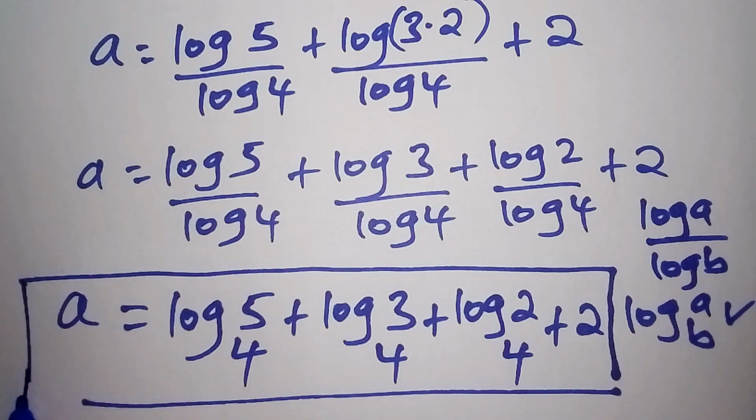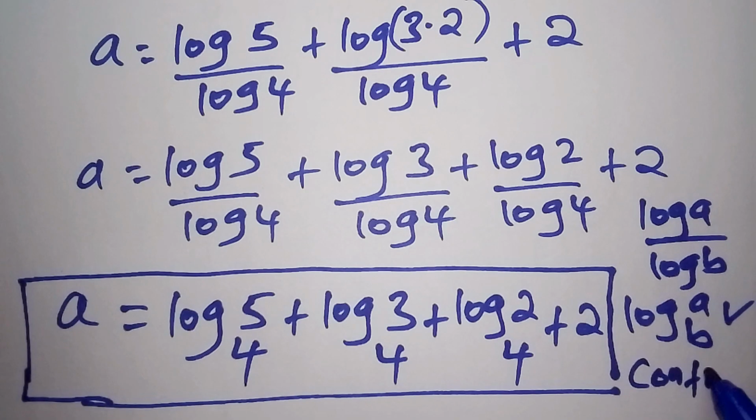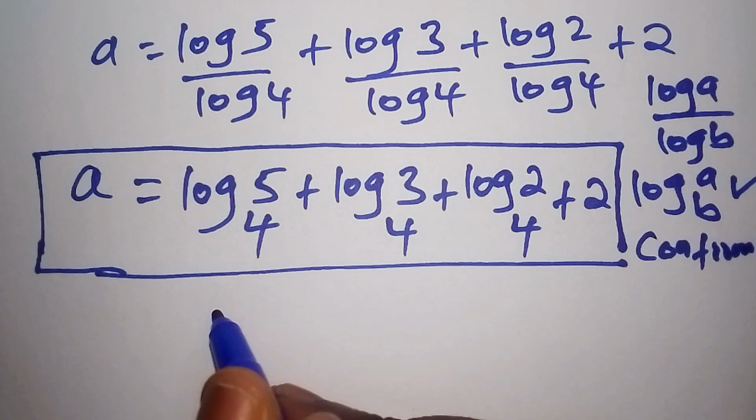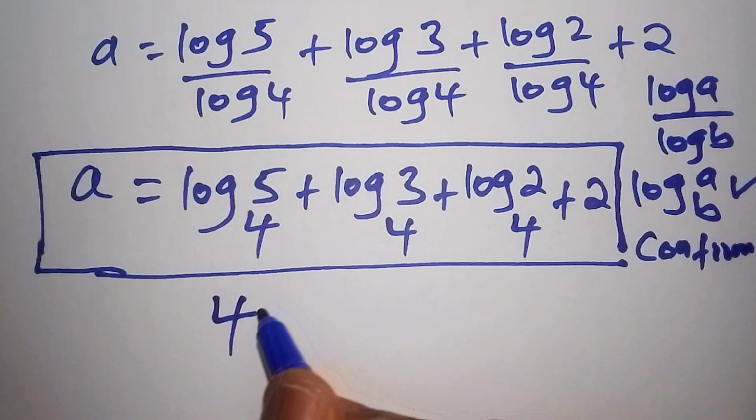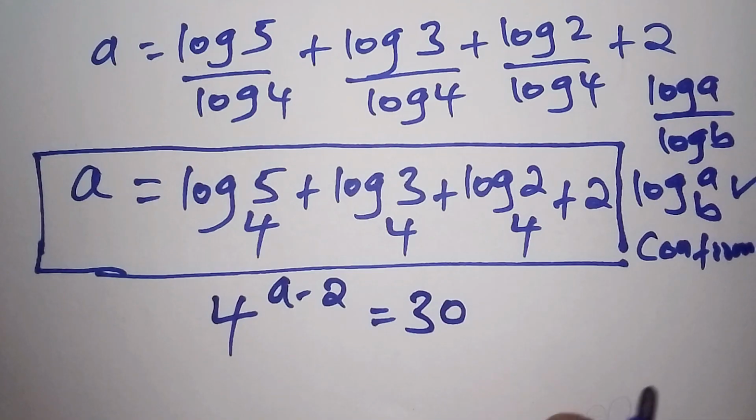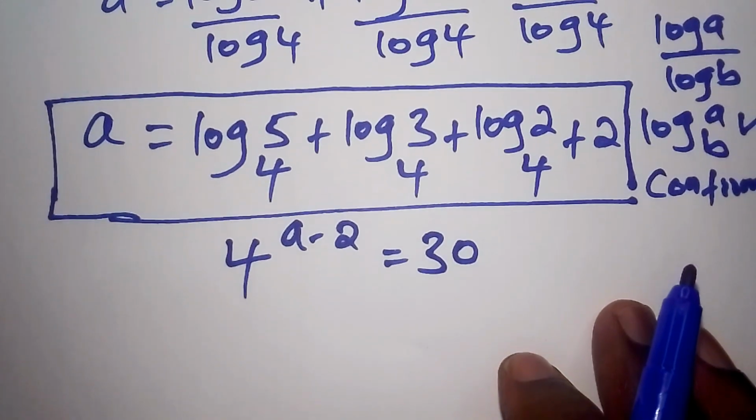So I believe that you've got this answer as the correct one. We can still confirm it within the shortest time possible. So let's now introduce the question that you are having. We had 4 to the power of A minus 2 is equal to 30. So in this case we shall write out the equation.